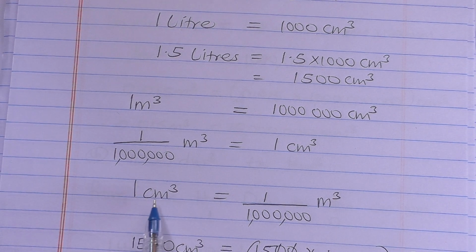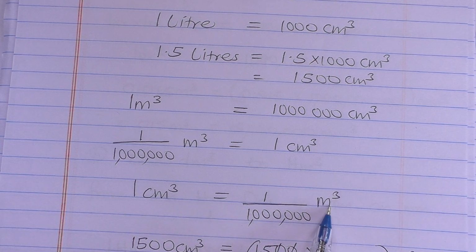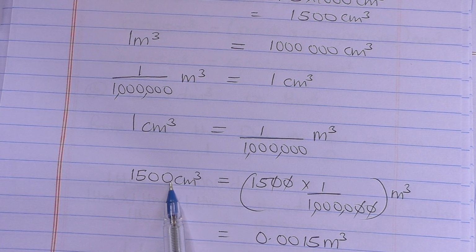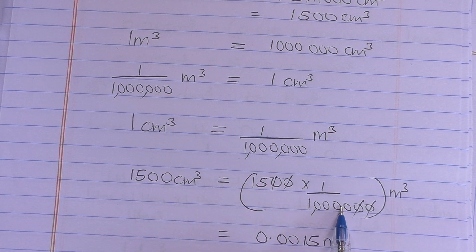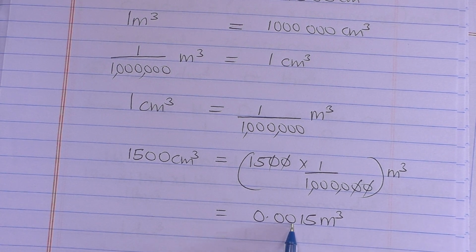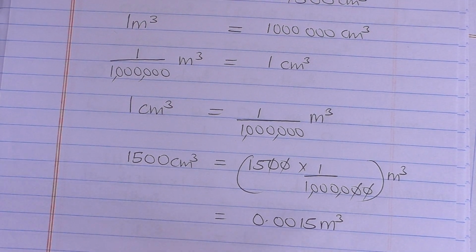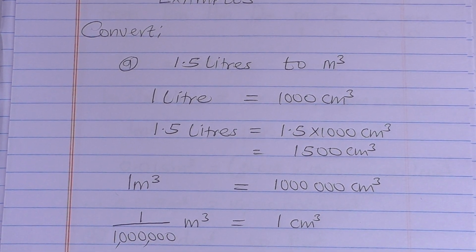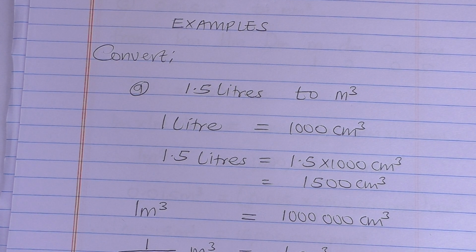So 1 cubic centimeter is equivalent to 1 over 1 million cubic meters. Then what about the 1,500 cubic centimeters? That is 1,500 divided by 1 million, which will give us 0.0015 meters cubed. So that is how we convert units of volume. So let us look at some of the examples on conversion of units of volume.